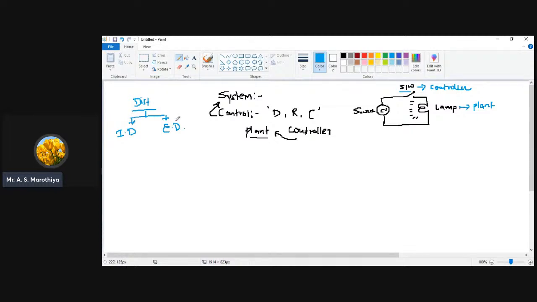And then we discussed in detail the classification of control systems. That is very important.